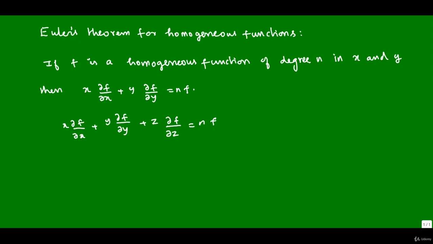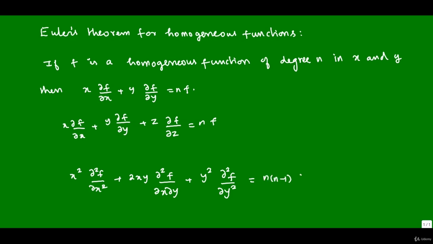Now if f is a homogeneous function of degree n in x and y, and first and second order partial derivatives of f exist and are continuous, then x squared into dou squared f by dou x squared plus 2xy into dou squared f by dou x dou y plus y squared into dou squared f by dou y squared equals n into n minus 1 into f.